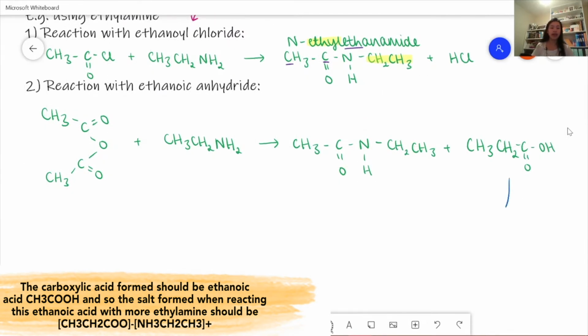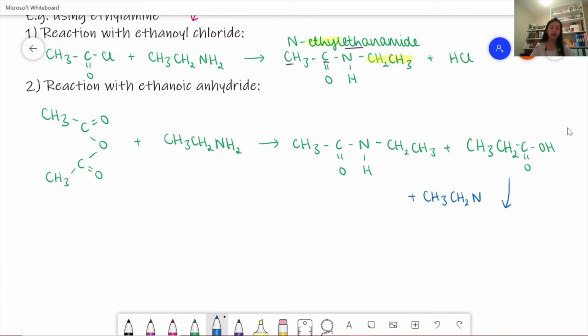So what we get here is plus another one of this ethylamine to form CH3CH2COO minus, and then NH3 plus, CH2 and CH3. So we get this salt.